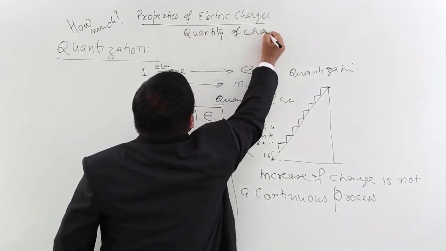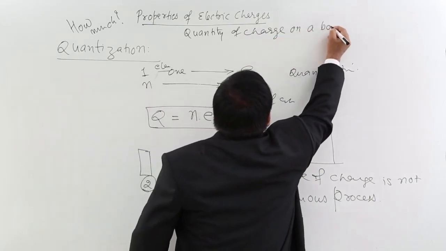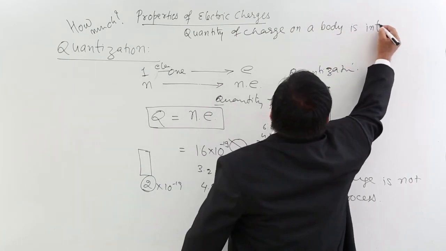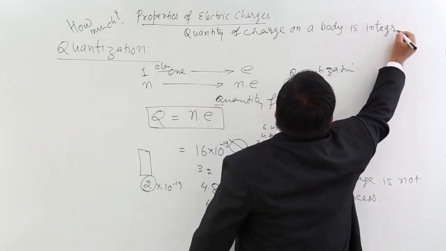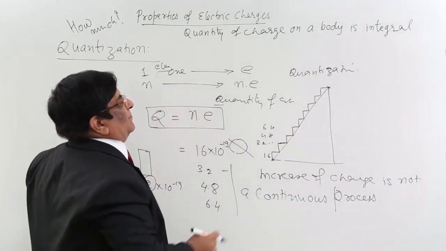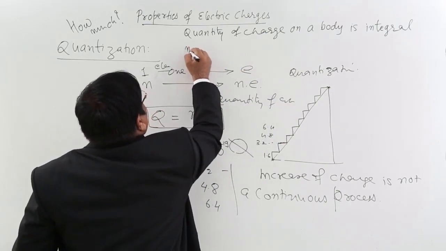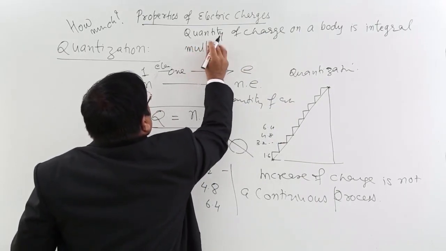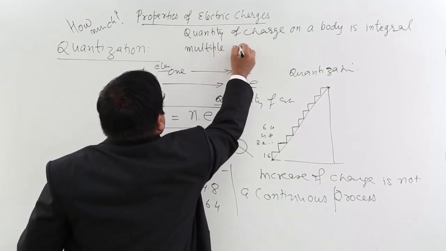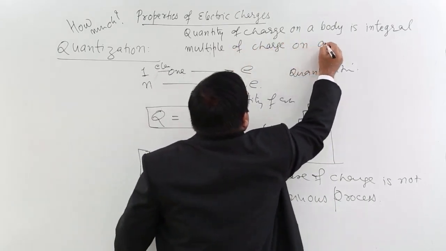Quantity of charge on a body is an integral multiple, this integral is for n, because it is an integral number, it is not a fraction, of the charge on an electron.